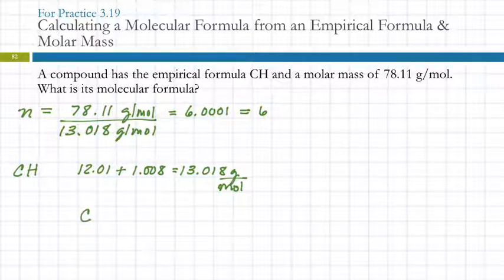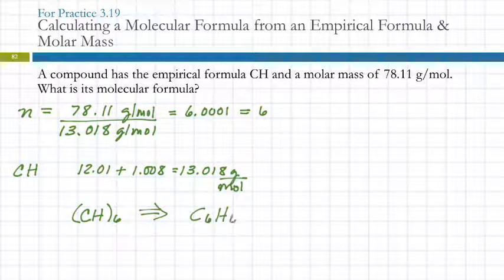So we could think of that as taking that empirical formula and multiplying it by 6. We would never write it like that, but that kind of helps us understand what I am doing with this 6. This 6 then is going to multiply all the subscripts. So that's going to be C6H6.